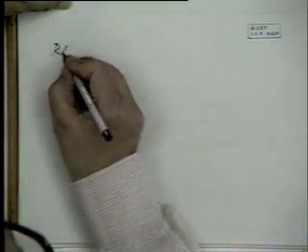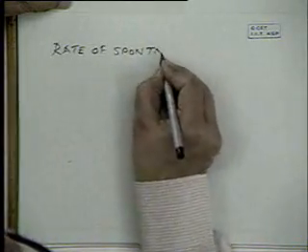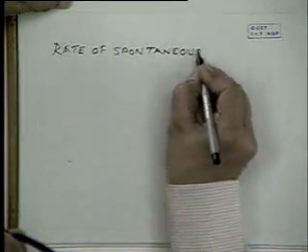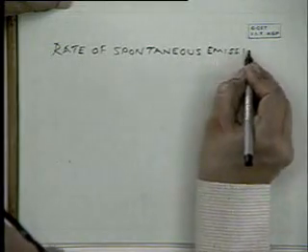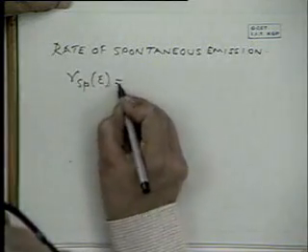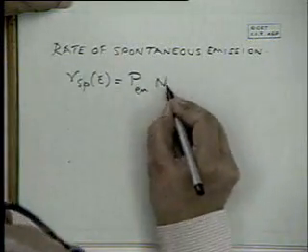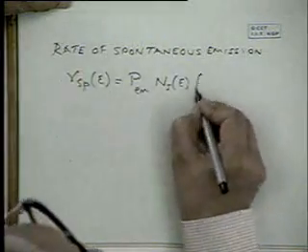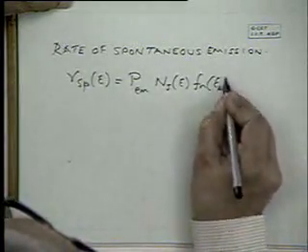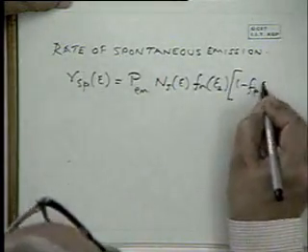We want to actually calculate the emission probability, the lifetime. So we know that the rate of spontaneous emission, RSP as a function of energy, is the emission probability times the joint density of states times the Fermi function for the conduction band times 1 minus the Fermi function for the valence band.